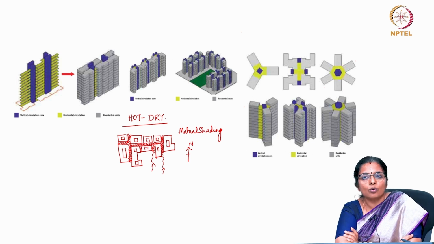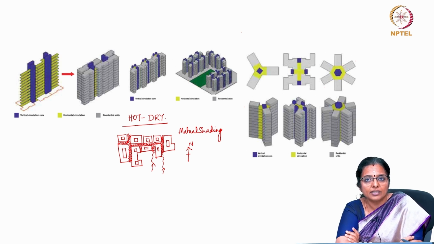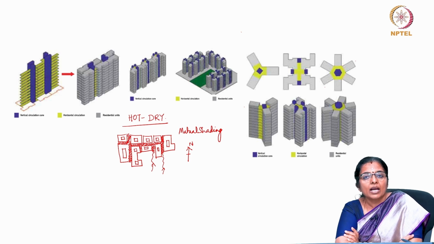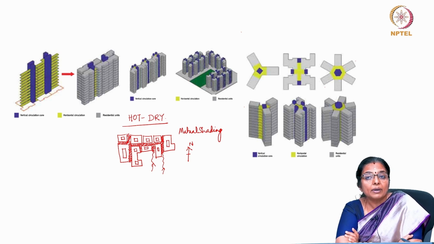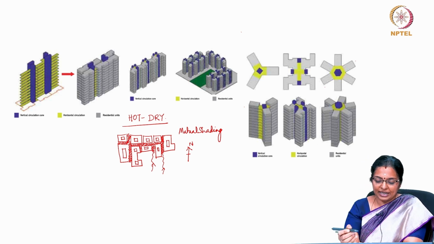Thus, the best orientation to minimize solar exposure on vertical surfaces is the longer facades facing north and south. When it comes to wind orientation, if you want to utilize the wind flow, the building needs to be oriented at an angle, preferably less than 45 degrees to the prevailing wind direction.